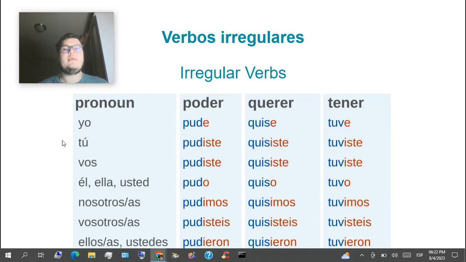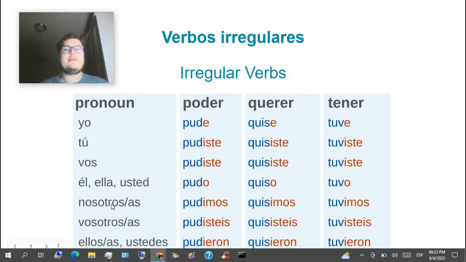As you can see in these three verbs, we have poder, that it means I can. Querer, I want. Tener, I have. Yo pude. Tú pudiste. Vos pudiste. Él, ella, usted pudo.